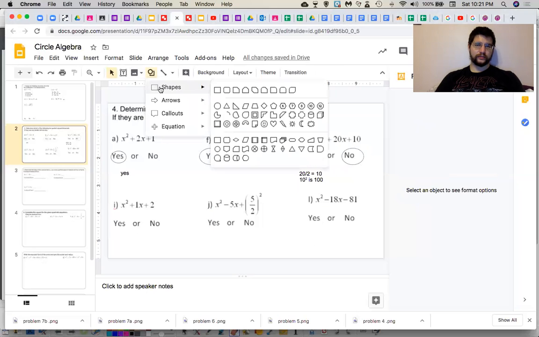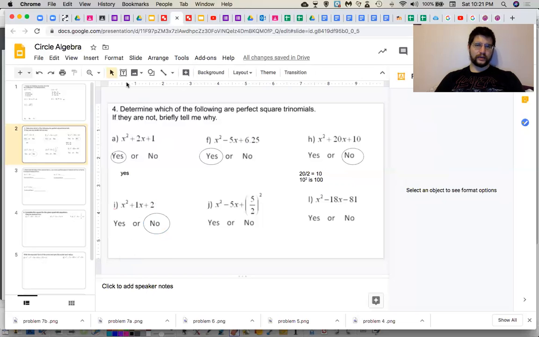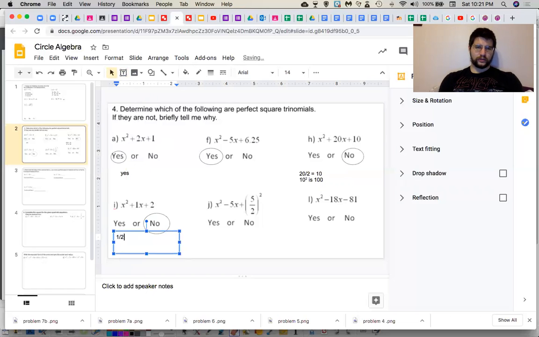That's another no. And the y, same kind of thing. 1 over 2 squared is 0.25, not 2. Something like that.